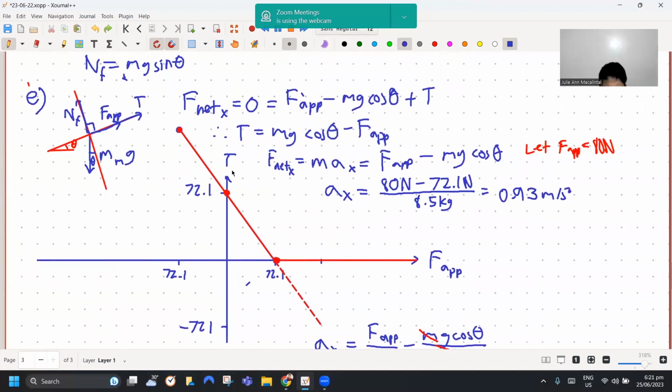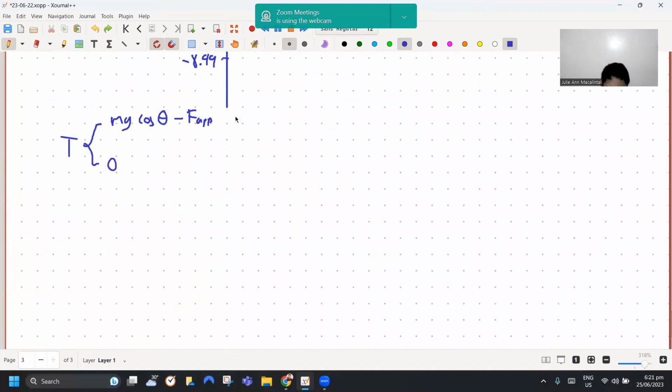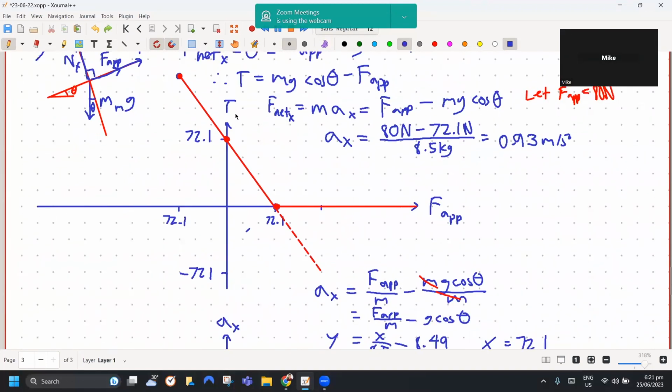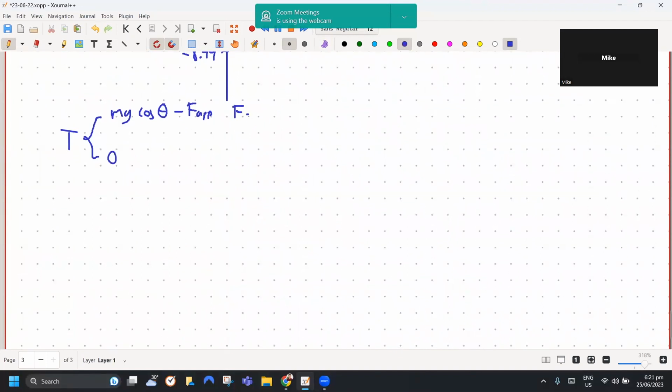And okay, when F applied is less than or equal to, okay, what if hindi binigay yung values ng M at theta? So mg cosine theta. Tapos 0 when F applied is greater than mg cosine theta. Actually, dapat, ayan, so pwede na yan.